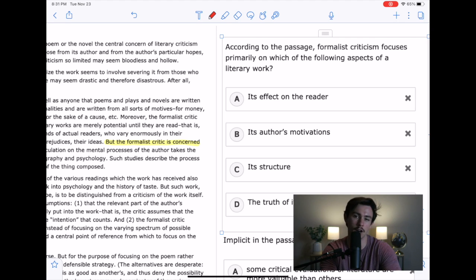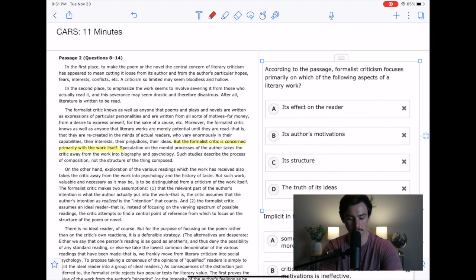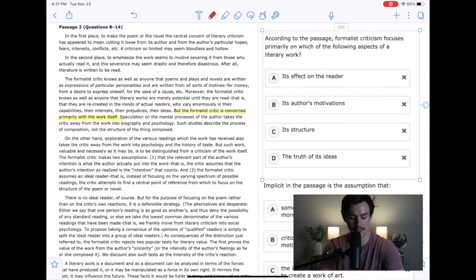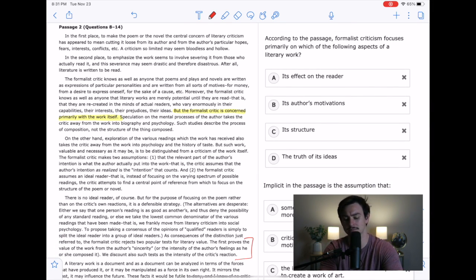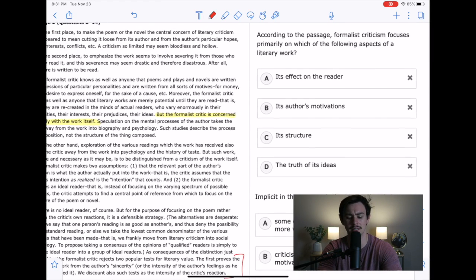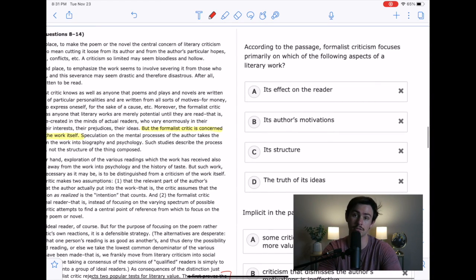This is a similar thing. We don't really care about emotions, right? That's one of the two tests that we rejected. So maybe not B. C says it's structure. I like C because that's really what we're focusing on, looking at the work itself, the objectivity, the structure. So maybe C.